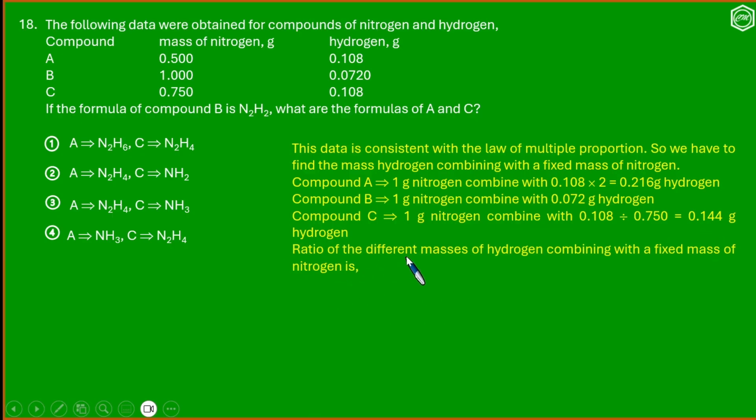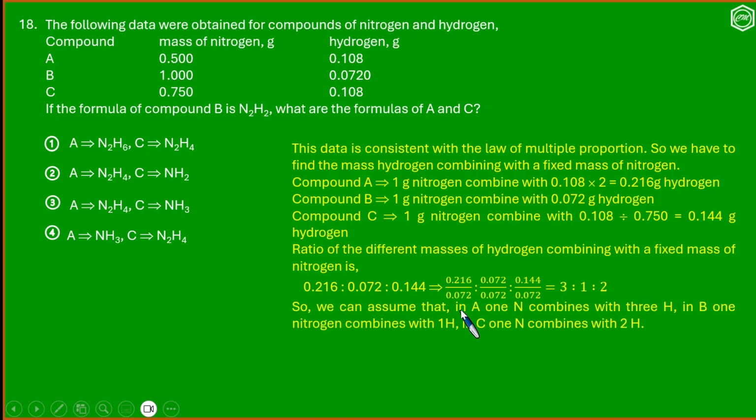Now, the ratio of the different masses of hydrogen combining with a fixed mass of nitrogen is 0.216 is to 0.072 is to 0.144. So we divide by the smallest number and the ratio comes to be 3 is to 1 is to 2.